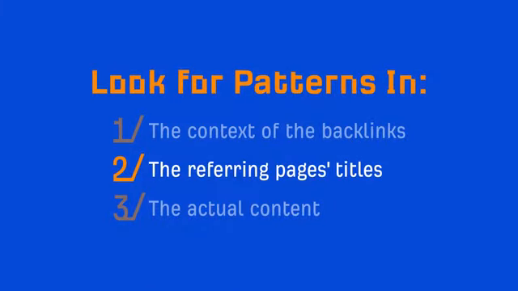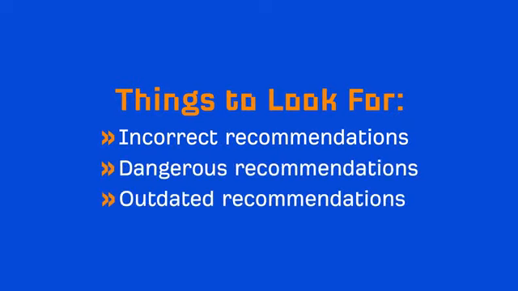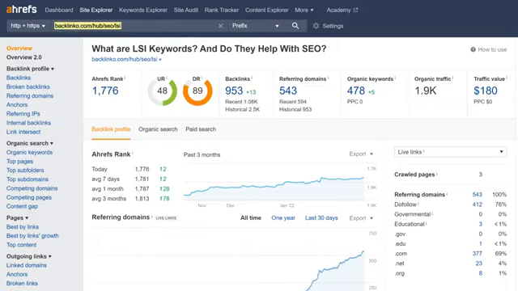Alright, the third place to look for patterns is the actual content itself. And the easiest thing you can look for is incorrect, dangerous, or outdated recommendations. Now, this one is quite situational, but nevertheless, it's something worth paying attention to because it works pretty well. I'll give you an example in the SEO industry. So this page on LSI Keywords has over 500 referring domains, but there's no such thing as LSI Keywords.